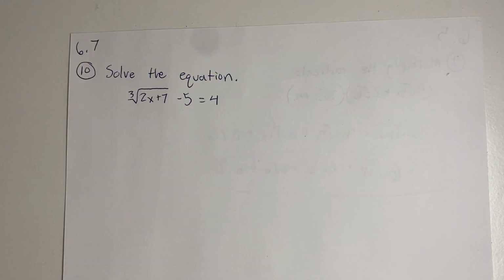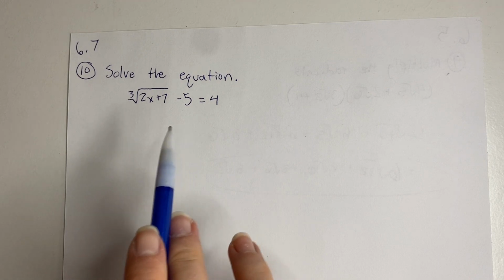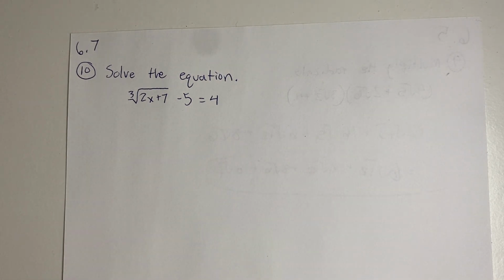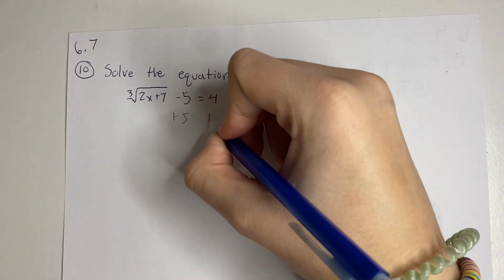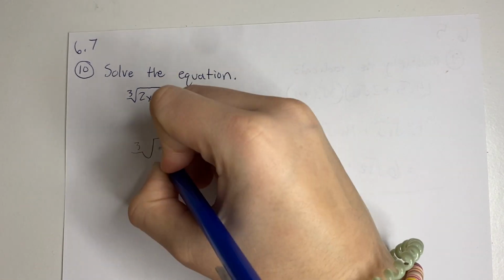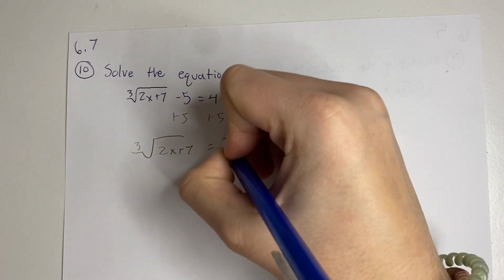And for our last problem, which is 6.7, it is saying to solve the equation, the cube root of 2x plus 7 minus 5 equals 4. So for the first step in this, since this isn't under the radical, you want to add this to the other side. So it would be the cube root of 2x plus 7 equals 9.